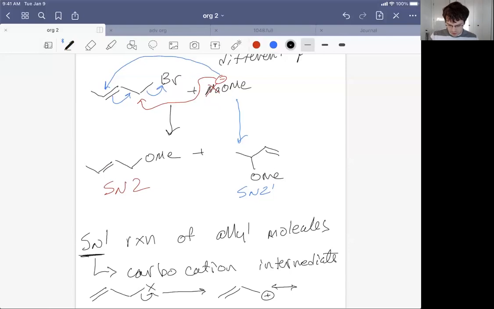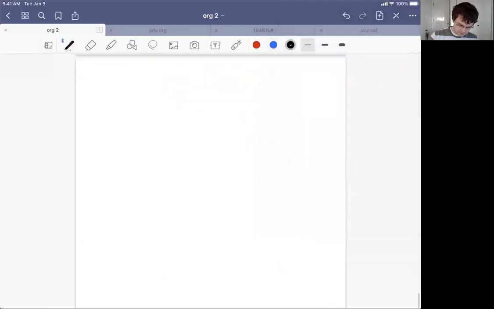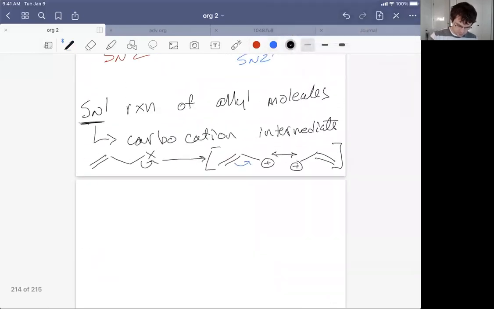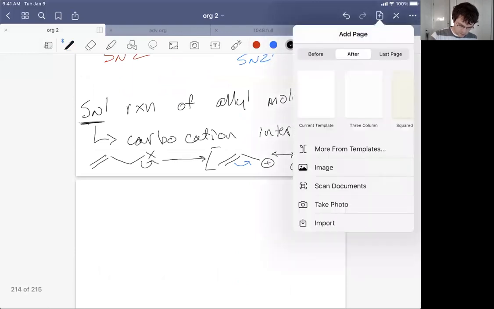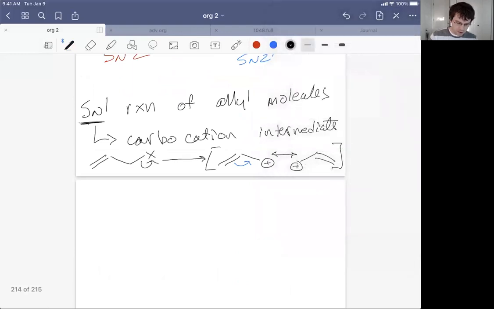We could draw resonance structures where we swing the electrons over to give rise to a different structure. And we could show these in brackets where the positive charge is on the left. So the positive charge could be on the left or the right. Now in this first example, we get the exact same outcome. First of all, I'm going to label this as an allyl cation.